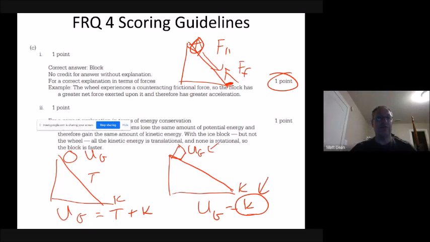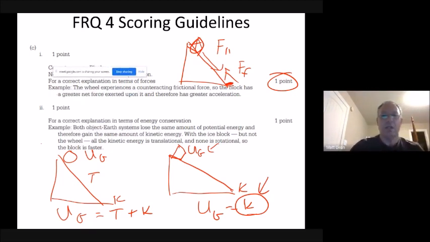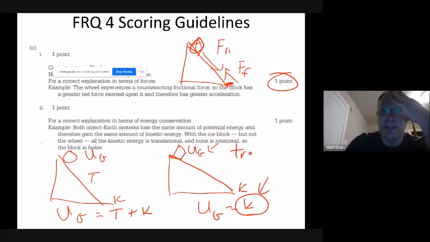Now, the other interesting thing, and they talk about this on the rubric, another thing that's going on in this case is that the block is just sliding. It has translational motion, linear motion, essentially. So another way to think about this is all of the potential energy of this block gets converted to translational kinetic energy at the bottom.